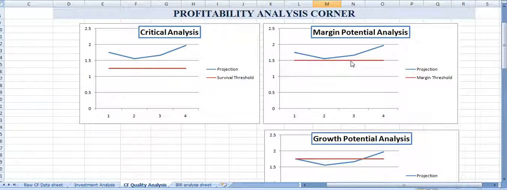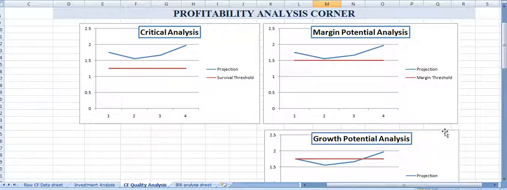And especially between the third and the fourth quartile, the gap is increasing, which is reasonably a good sign, and therefore it shows that towards the third and fourth quarter, the project achieves some reasonable degree of maturity and translates into a higher margin or higher profitability.